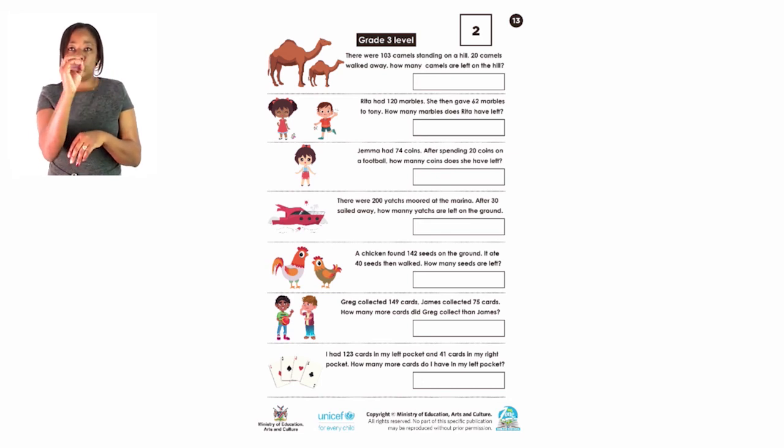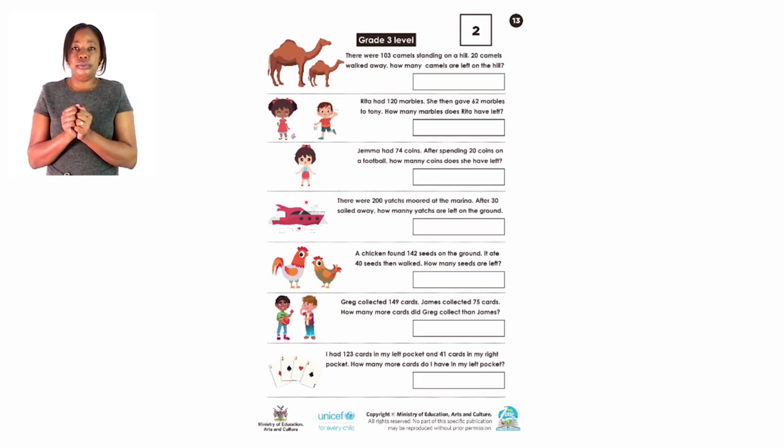So meaning what? How many camels are left on the hill? What operation sign are we to use on that statement? I think we have to minus. We have to subtract because the other ones walked away and the other ones were remaining. So you count the ones that have remained. That is your answer. So you have to minus. Take away 103 minus 20.